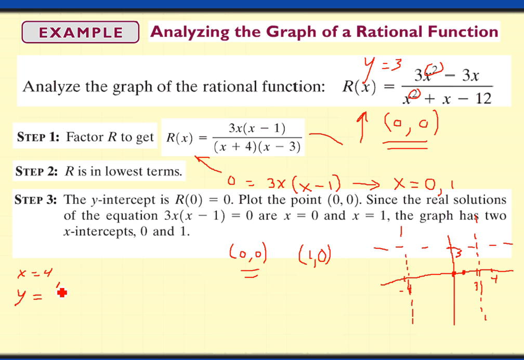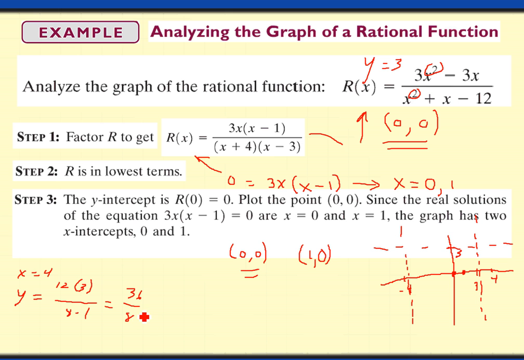3 times 4 is 12. That's the 3 times x. And 4 minus 1 is 3. That's a 3. Divided by 4 plus 4, which is 8, times 4 minus 3, which is 1. Right? And so that's 36 over 8.